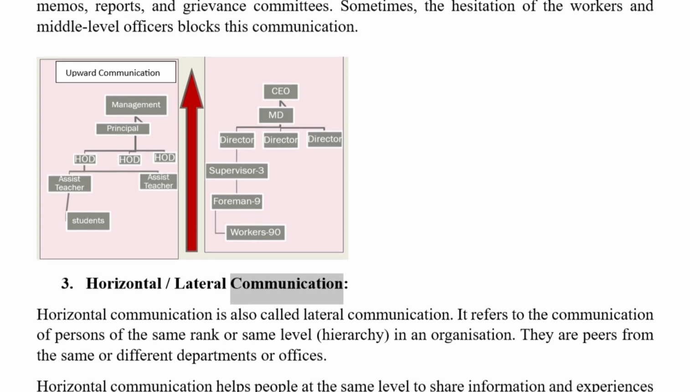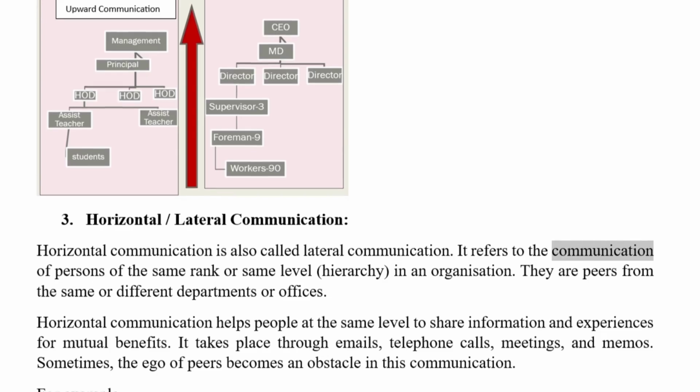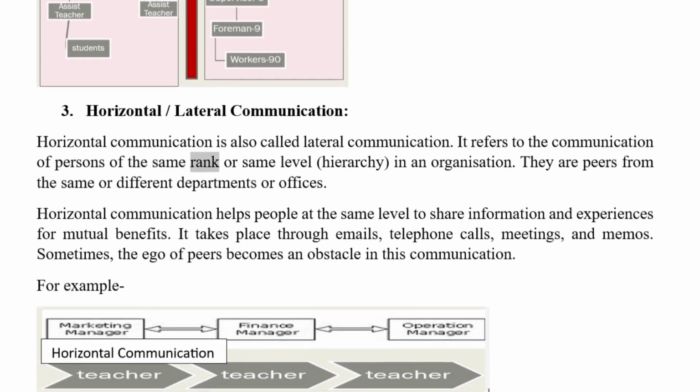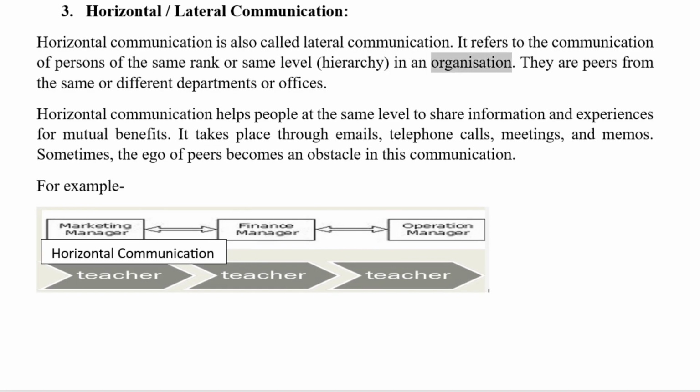Horizontal, lateral communication. Horizontal communication is also called lateral communication. It refers to the communication of persons of the same rank or same level, hierarchy, in an organization. They are peers from the same or different departments or offices.